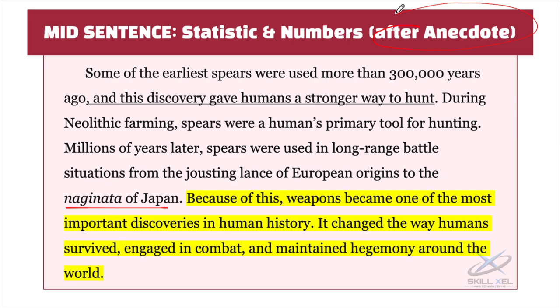Now, of course, what I mean by statistics and numbers after anecdotes, keep this in mind. There's no anecdote here, but there's historical anecdote here, right? Not like the general anecdote where you're telling a story. When you're telling a story, of course, yes, you can use a statistic.